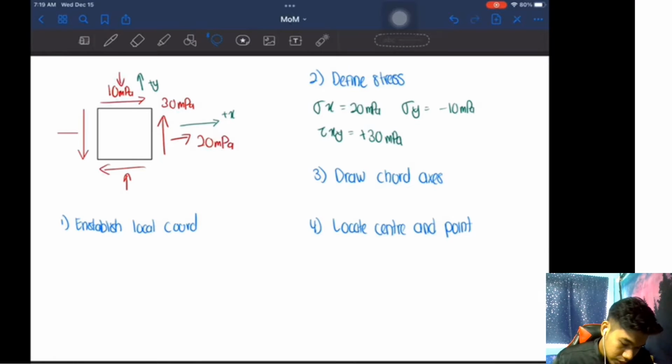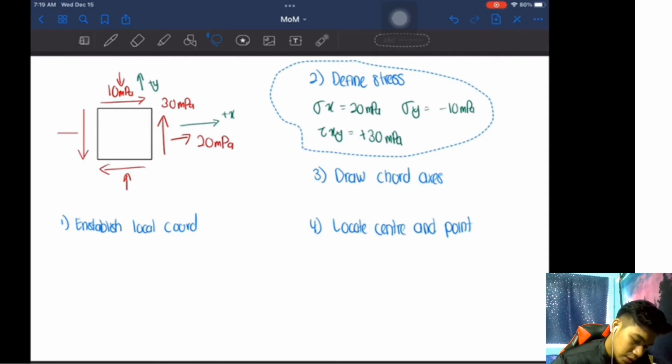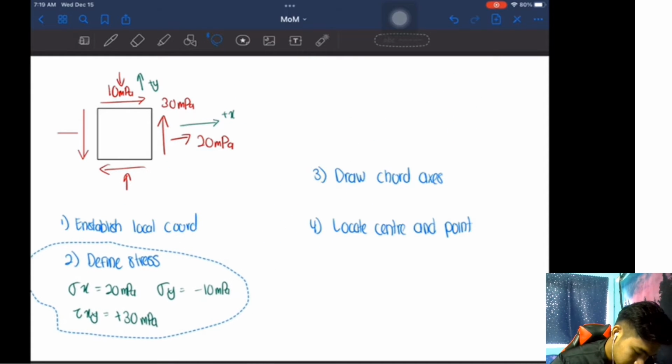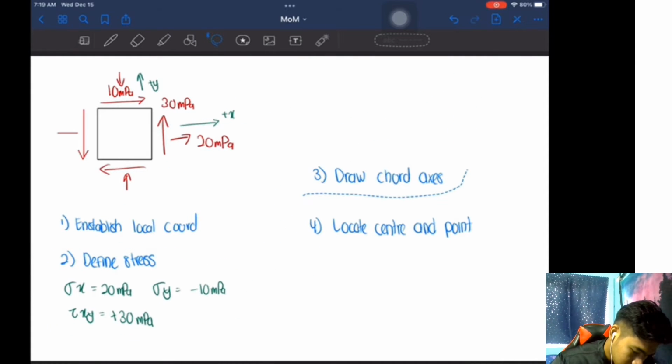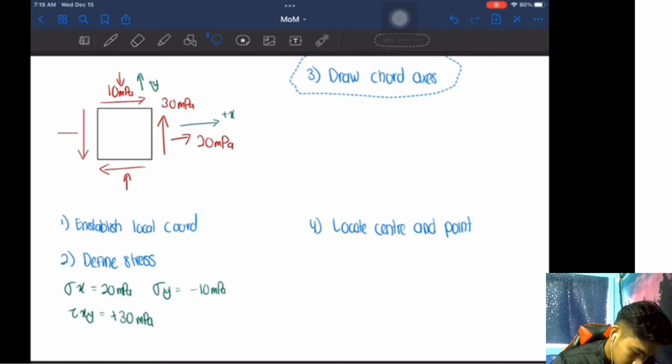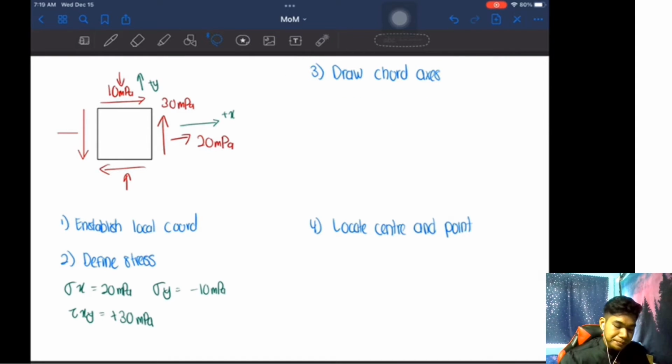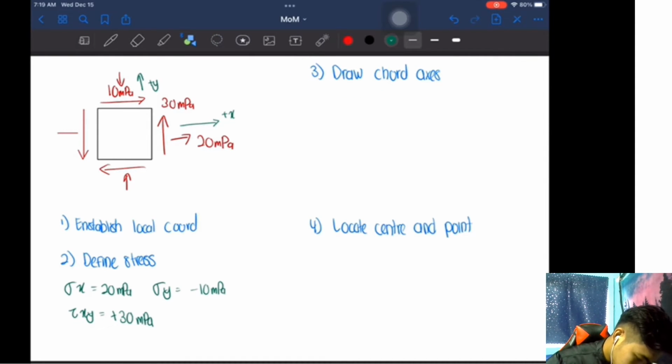Okay, then we need to draw the coordinate axis. Let me adjust this first.